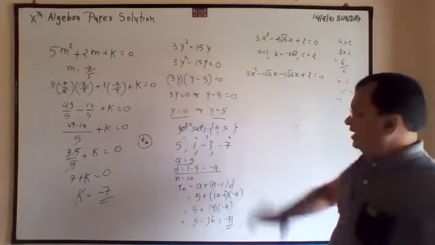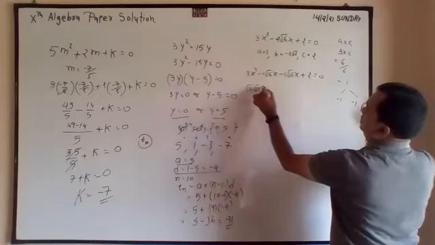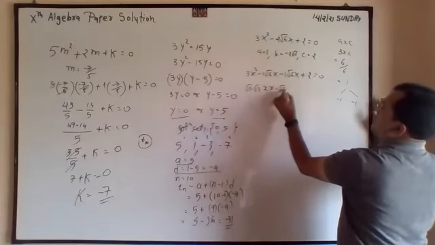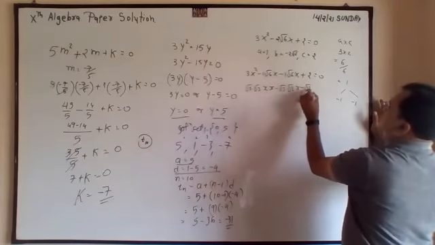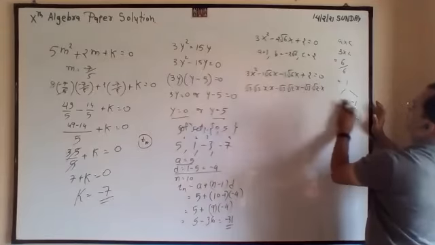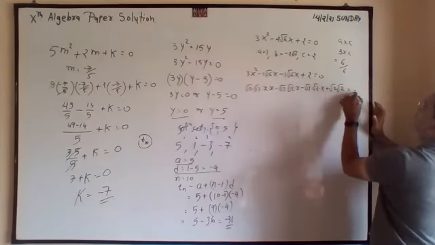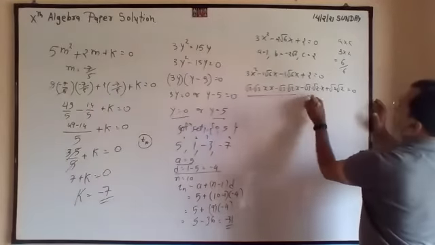Now very easily I can explain. Root 3 x, all factor, minus root 3 root 2 x, minus root 3 root 2 x, plus root 2 is equal to 0. Now it is very easy to take the common.